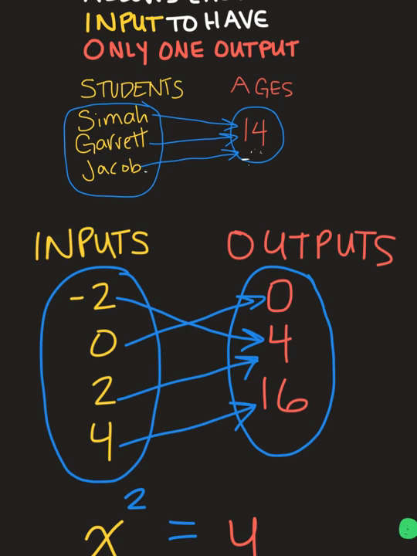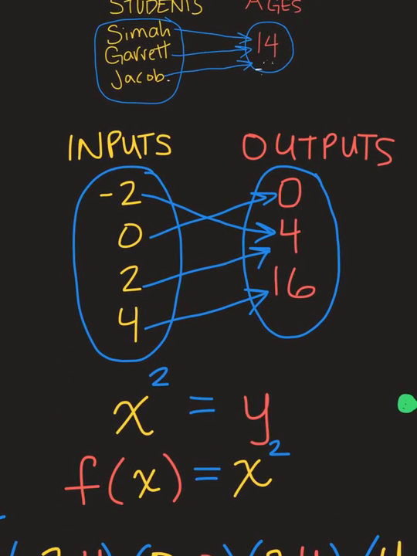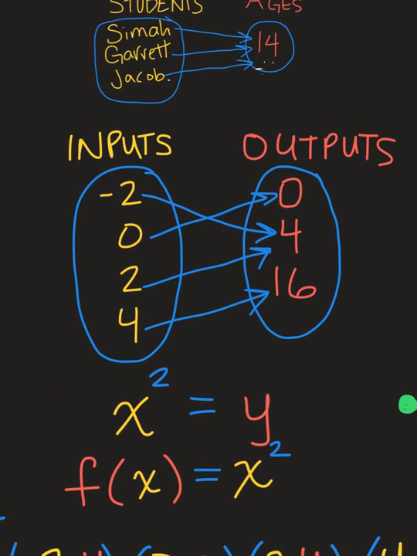And here's the math behind that. This function is actually represented by x squared equals y. So my input of -2 replaces this x, and suddenly I have -2 squared, so -2 times itself, and that gives me the output of 4.